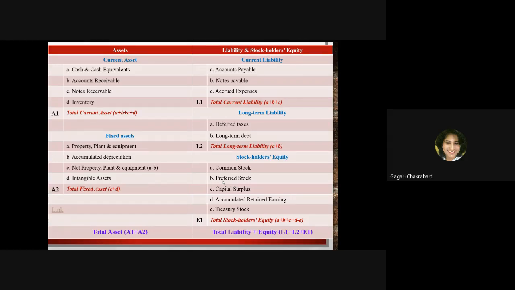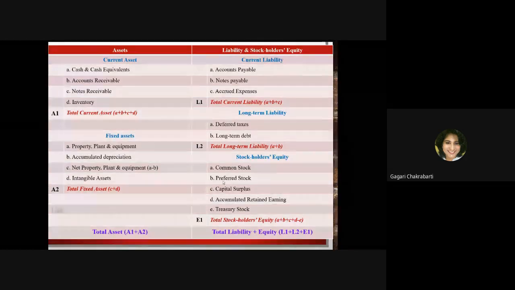Okay. So next comes the capital surplus, or reserve. See, the valuation of the share may be changed. Suppose when a stock is sold in the market, it will be having some face value. Now that face value is actually very small.